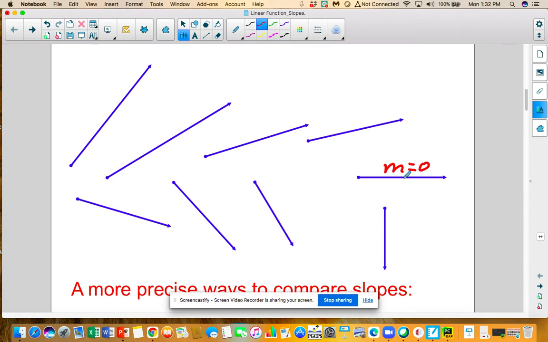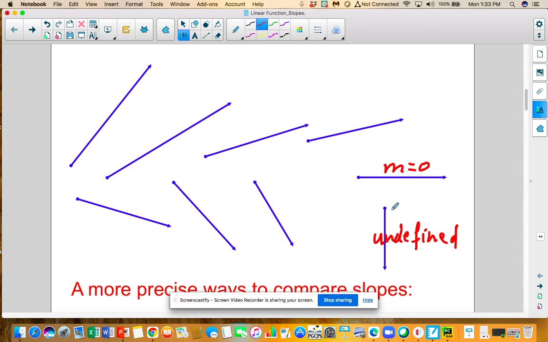Remember that when I took the flat, horizontal surface and I put the pen on it, the pen was not rolling. That demonstrated that there was no steepness, or slope equals 0. Now, for a vertical line, the slope is undefined. The slope of a vertical line is undefined. That means that the slope does not exist, right?